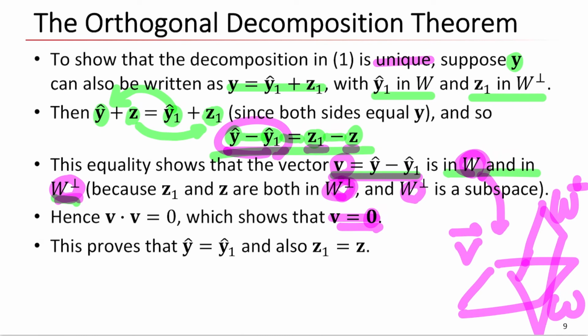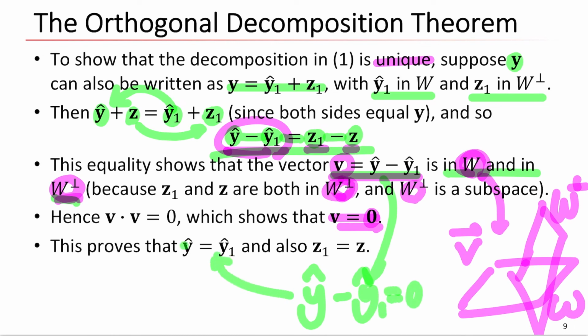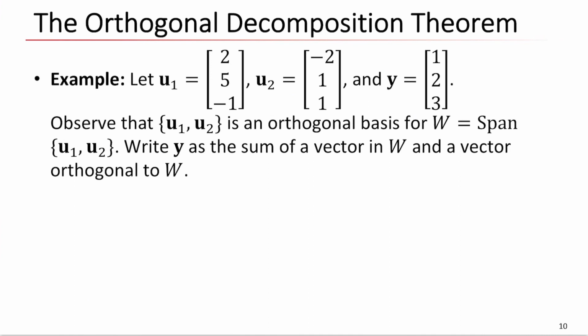So in this case, y hat minus y1 hat is equal to 0, right? It means that y hat is equal to y1 hat, and also z1 is equal to z. So in other words, there is only a unique representation of y hat and z. Okay, so this is the proof of the orthogonal decomposition theorem. Okay, so let's see examples of the orthogonal decomposition theorem from now on.